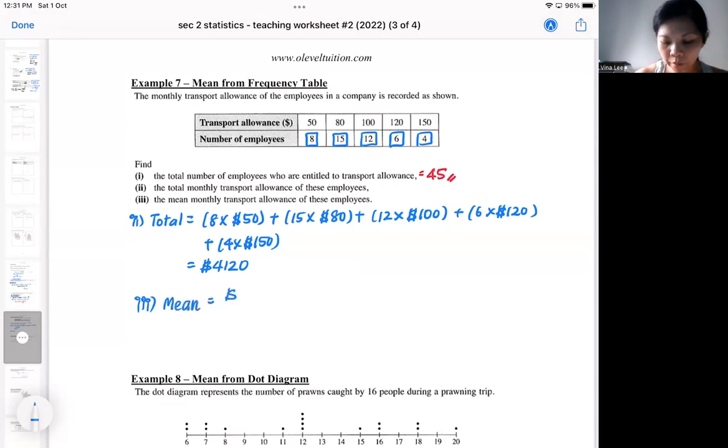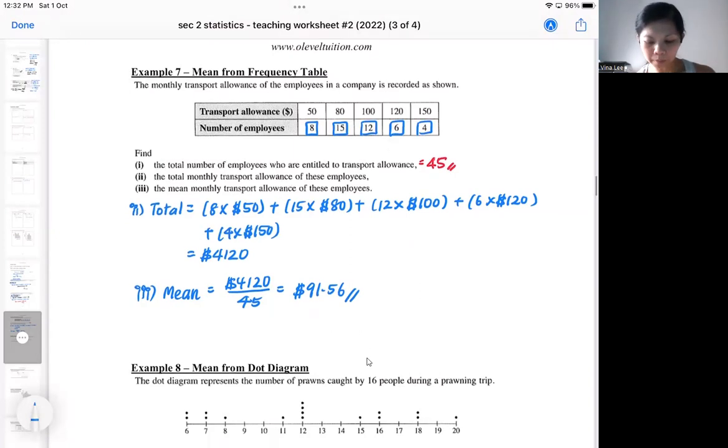That means on average, how much does one person receive? So you divide it by the 45 employees. So you realize on average, this is the amount they got. I mean that's not the real case, of course. Each of them got a different amount, but on average, this is what they are getting.